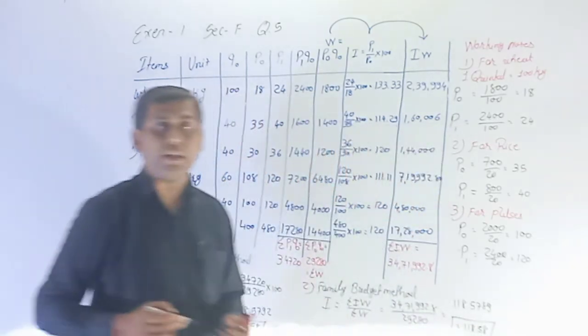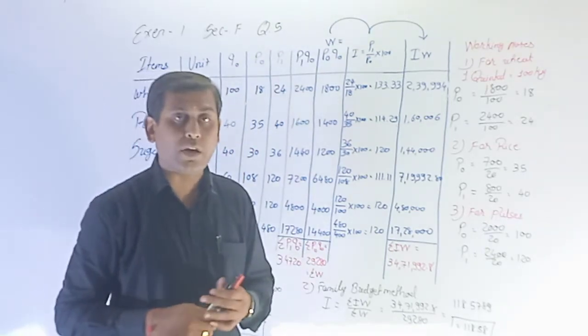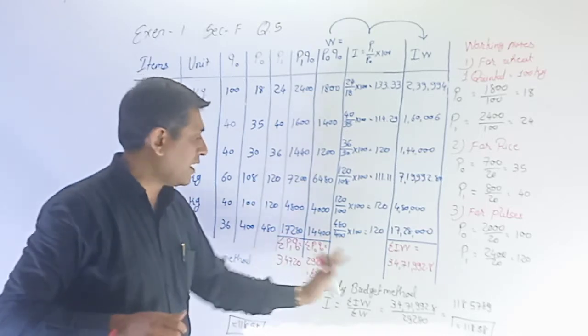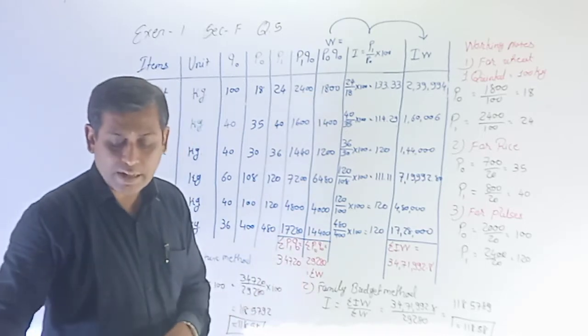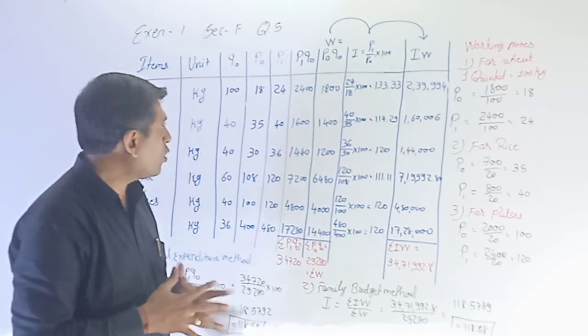See, as per family budget method or as per total expenditure method, both the answers are the same. Here the method will change, but the answer is always the same.